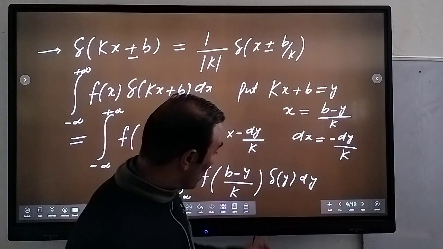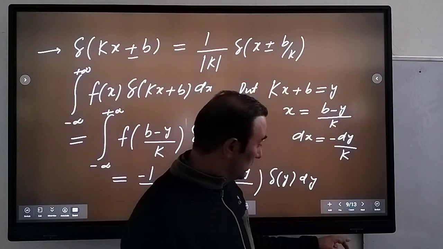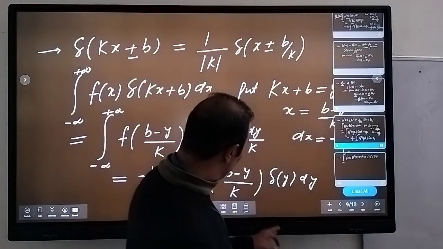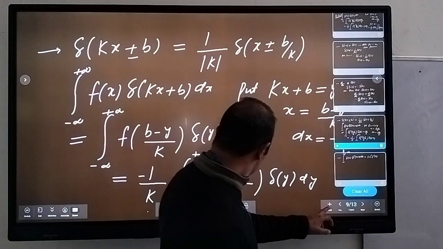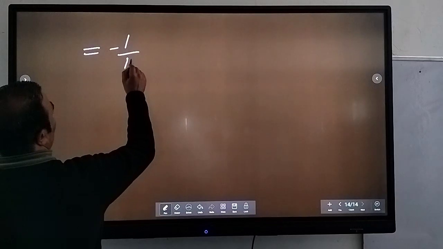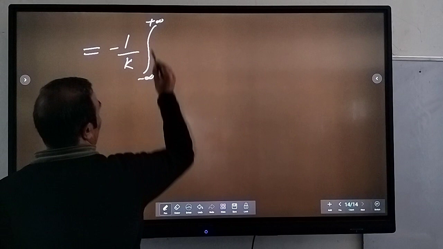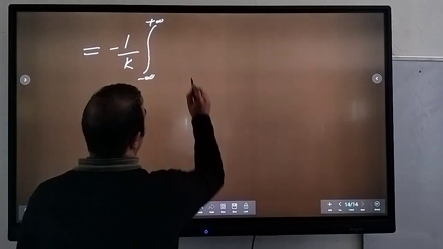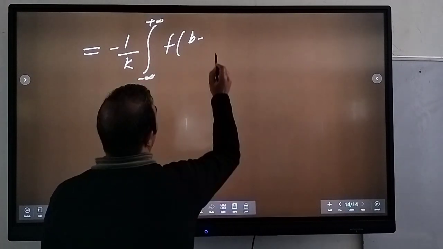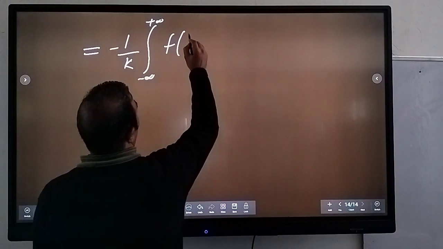Now use that property, the second shift property, because I can write this as delta of y minus 0. Before that, I can rewrite this as 1 by k, that is, sorry, there's a mistake. I should write f of (y minus b) by k.